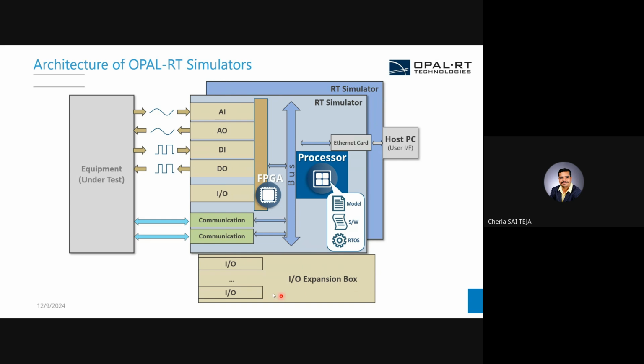You can just have an IO expansion box on which you can mount the required IO cards, and then just start sending the signals from the IO expansion to the DUT. So all these are scalable and flexible solutions, and it's the generic architecture of OPAL simulators. If anyone has any doubt, you can happily stop me in between and I'll be happy to clarify your doubts.